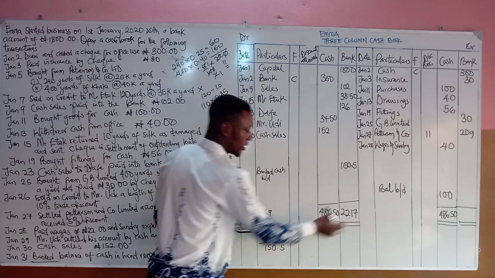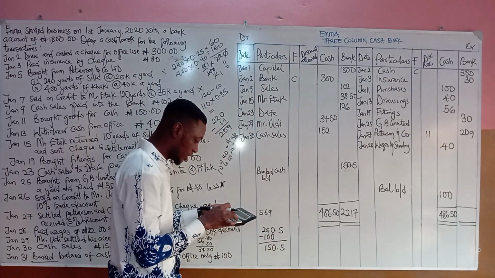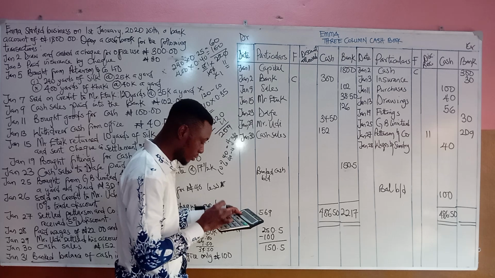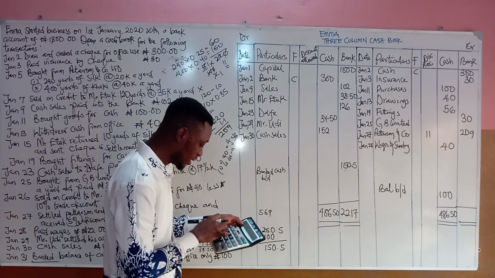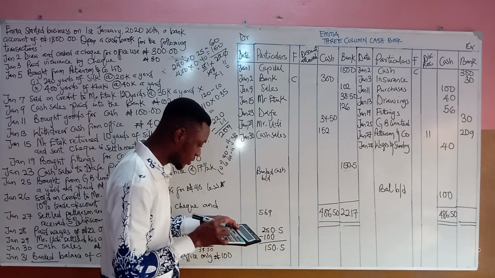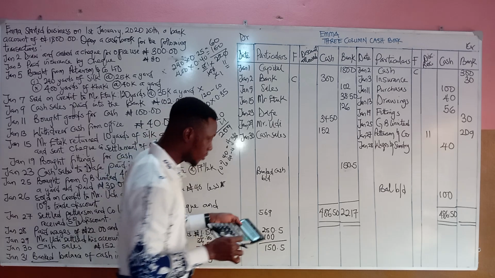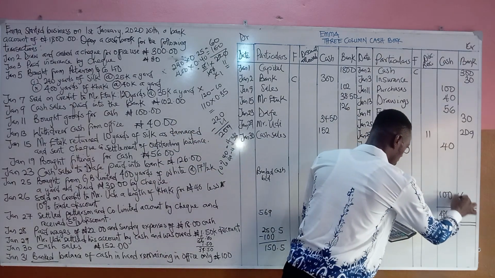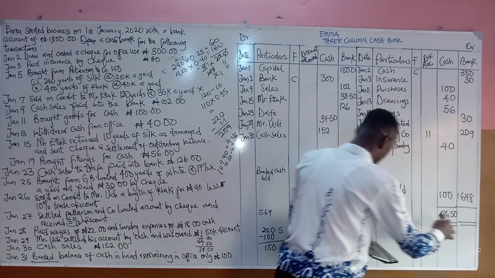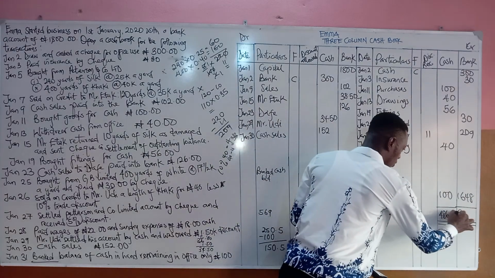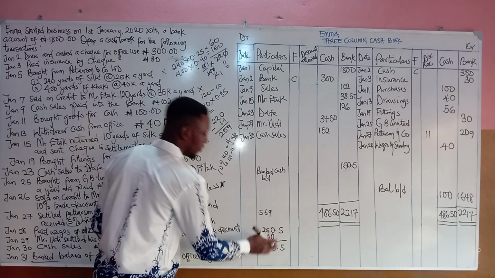Now I'm going to subtract it from here so that I'll know my balance brought down. 2217 minus 569 will give me 1648. Now if you add with this, it will give me 2217 naira.